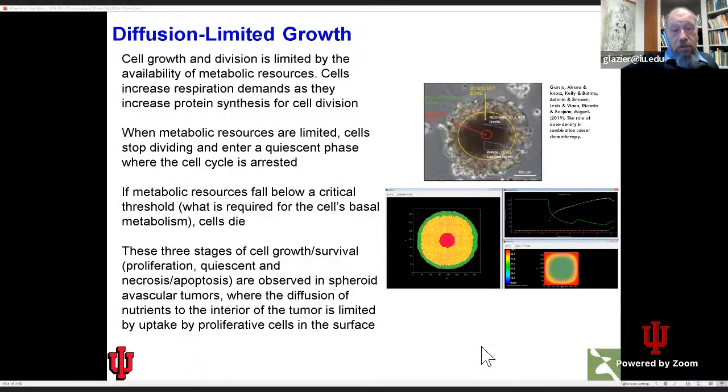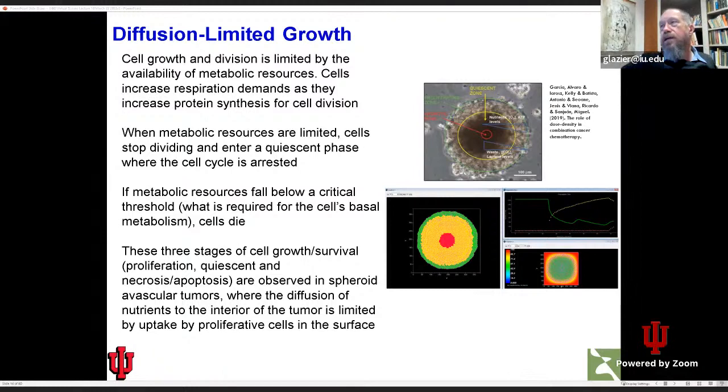And typically, that kind of cell death, when you really are starved, is a necrotic cell death rather than a programmed cell death. And so the cells tend to fall apart and die in a disorganized way. Sometimes they die in an organized way.